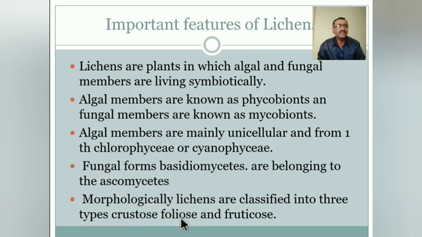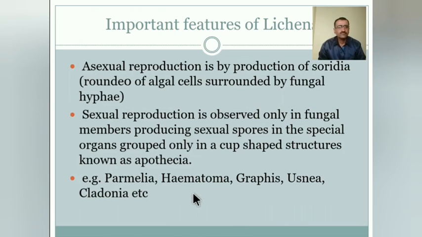Foliose means leaf like, and fruticose means fruit like. In this way, morphologically they are of these 3 forms. On the basis of these morphological characters, they are divided into these 3 groups.